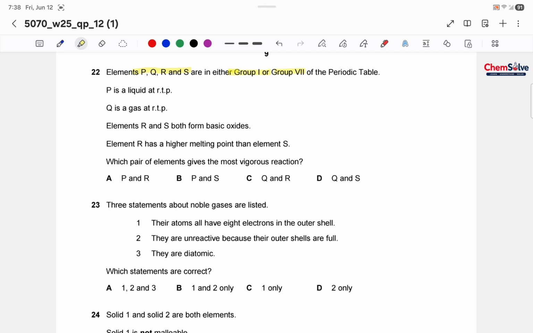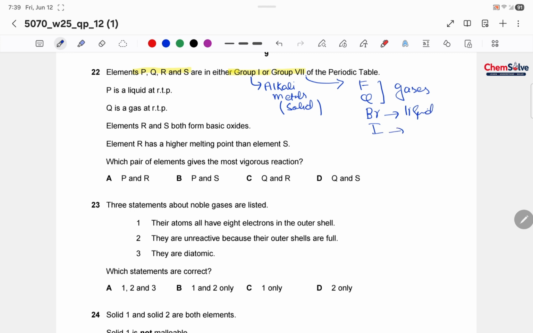Okay, P is a liquid. Group 1 is basically alkali metals, and alkali metals are solid at room temperature. So obviously P couldn't be an element of group 1, while group 7 has fluorine, chlorine, bromine, iodine, and we know that fluorine and chlorine are gases, bromine is a liquid, and iodine is a solid.